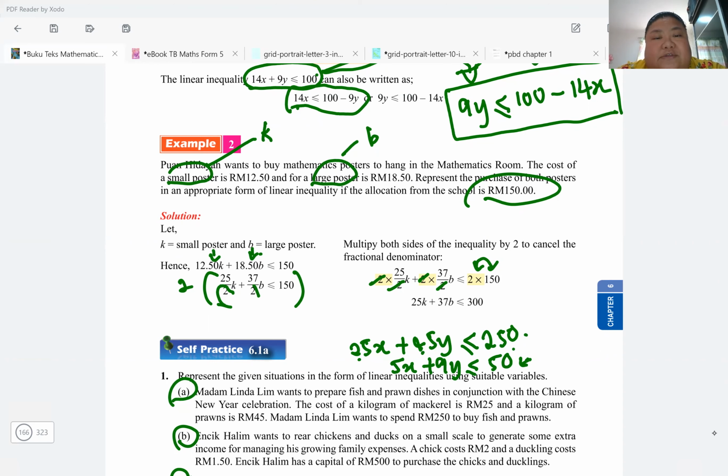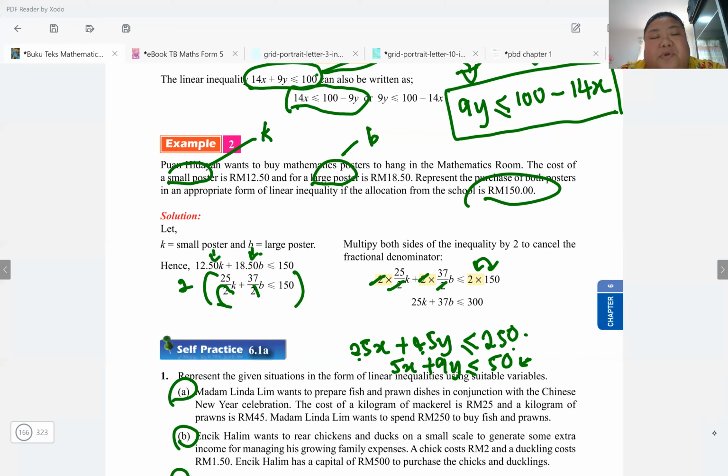So if you want to represent it in linear inequality, it will be 12.5K plus 18.5B is less than or equal to 150.